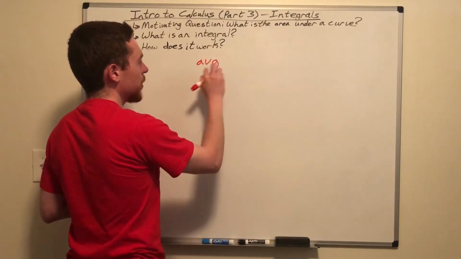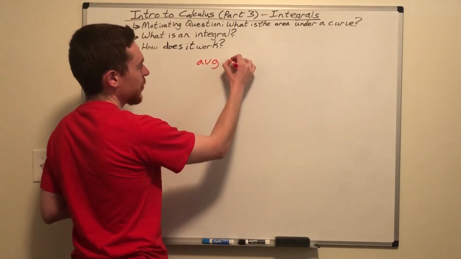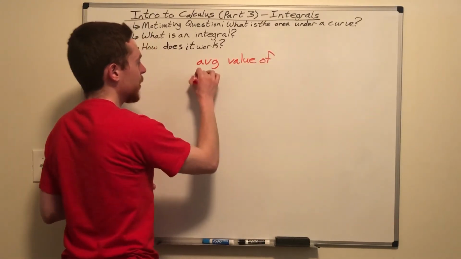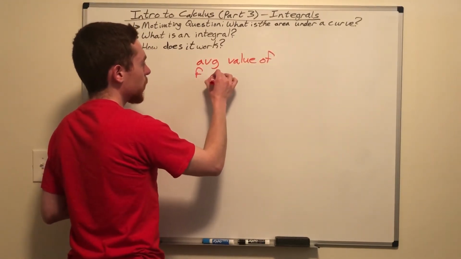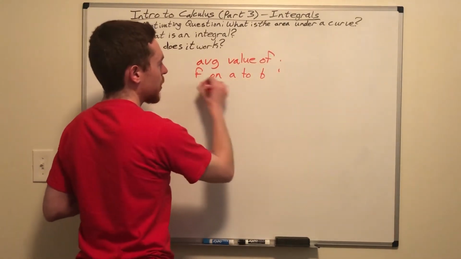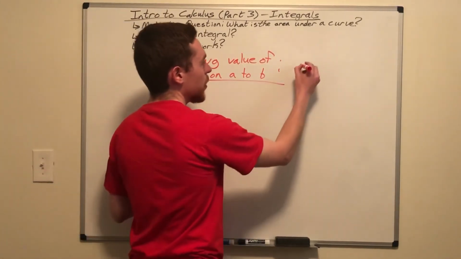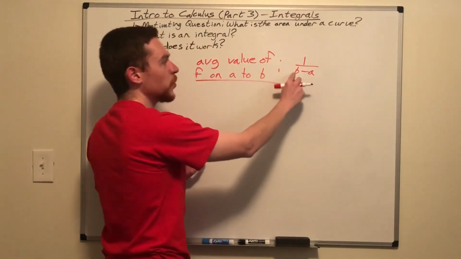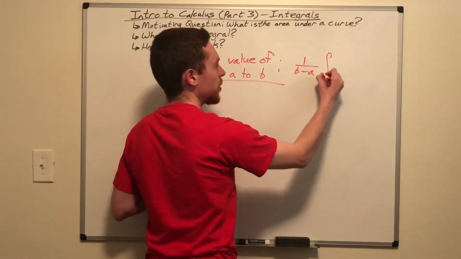So if I want to calculate the average, which I just abbreviate AVG, the average value of f on the interval from a to b, I can calculate that with just 1 over b minus a. So this is the length of the interval, so 1 over the length times the area.